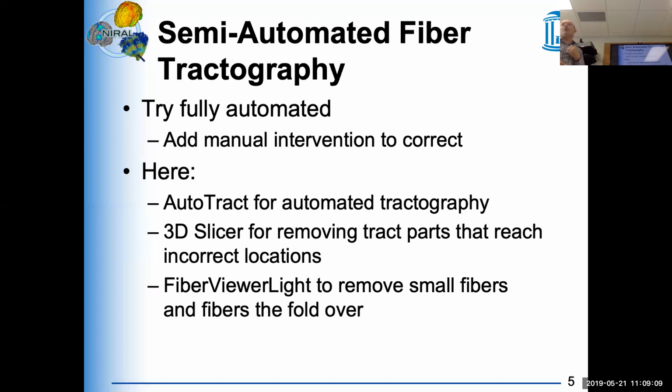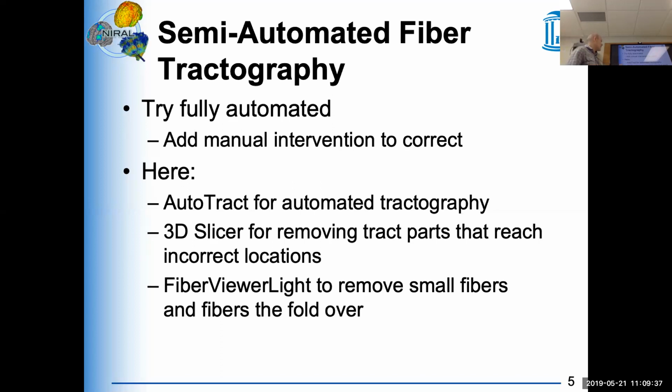And that's where AutoTract comes in. AutoTract tries to do this fully automated, but I don't think the quality is there that you should accept the fully automated results, so you do some manual correction from that. What you would do is first run AutoTract, and then run 3D Slicer as well as Fiber Viewer Lite to remove unwanted parts.